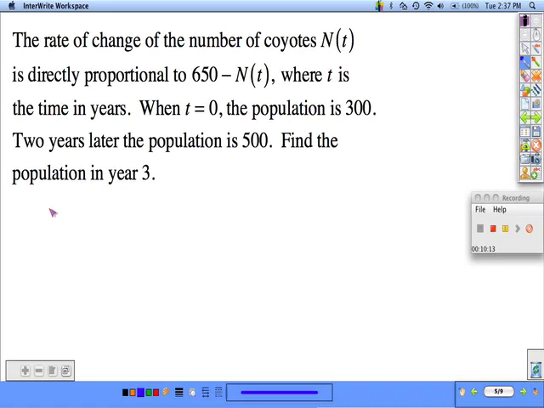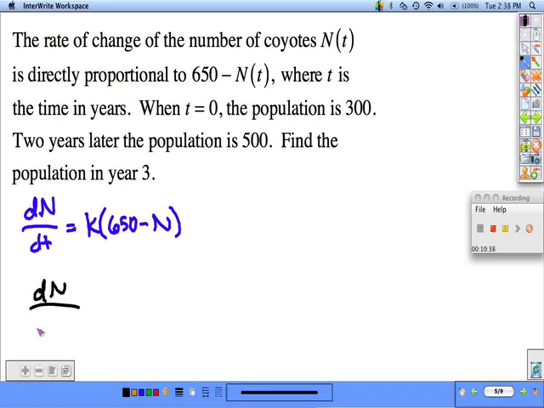So what this means is we can set up the differential equation dN/dt equals k times 650 minus N. And this is not a differential equation that we have to worry about homogeneous or not. We can look at this and see that this is a separable differential equation. We get dN over 650 minus N equals k dt.